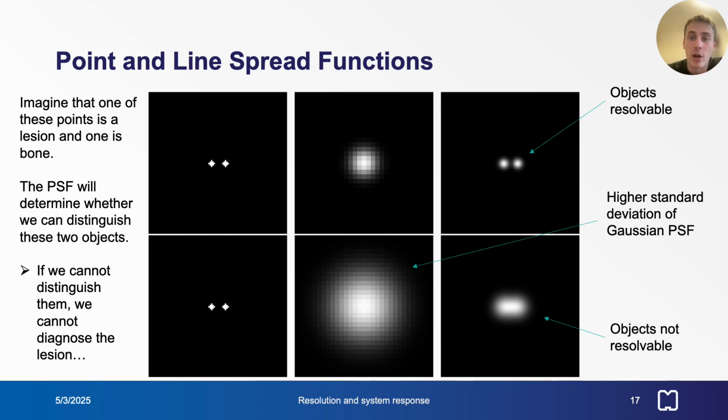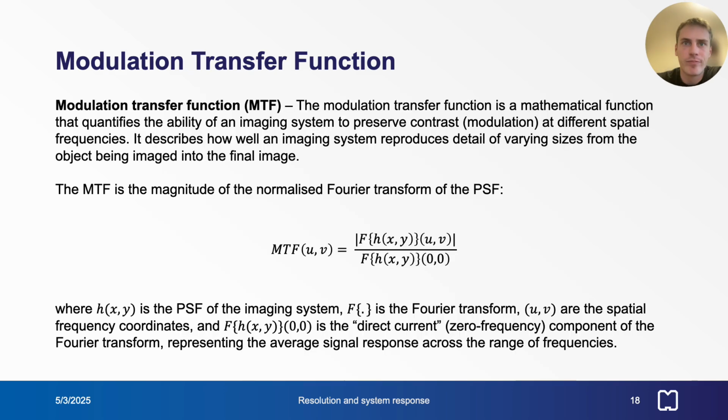However, in the below example where the Gaussian convolution has a higher standard deviation, the images show that the two distinct objects cannot be distinguished. So imagine this is the difference between a bone and a lesion. In the second case, you would not be able to distinguish those two objects, which has implications for diagnostic capabilities.